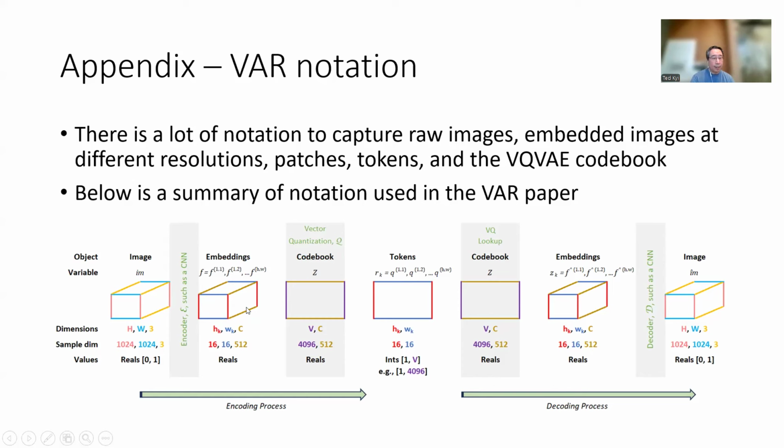Then you can see that as it goes through the embedding, it becomes a 16 by 16, and then it goes through the codebook, and these become integers based on the codebook size, and so on. If that helps anybody who wants to read more about the paper, this isn't going to explain everything, but it is just a little cheat sheet for all the different notation in the paper.